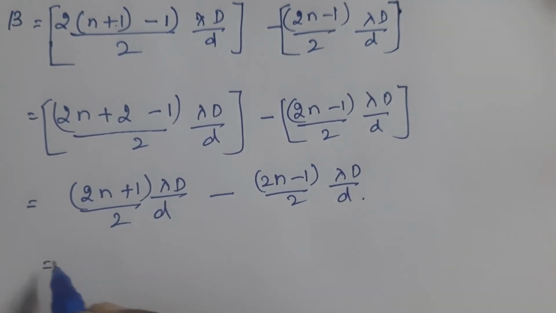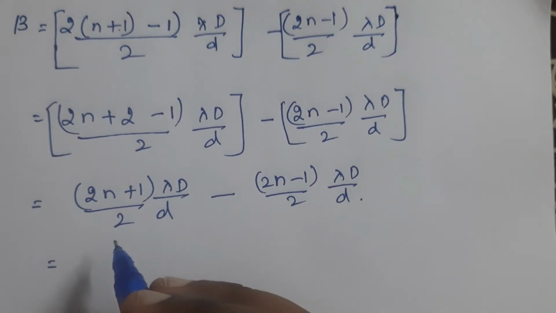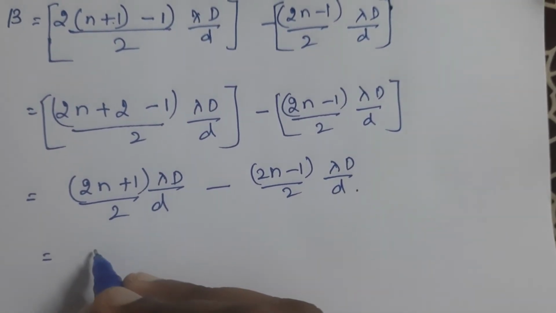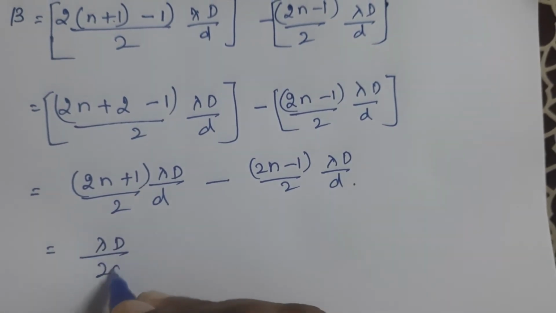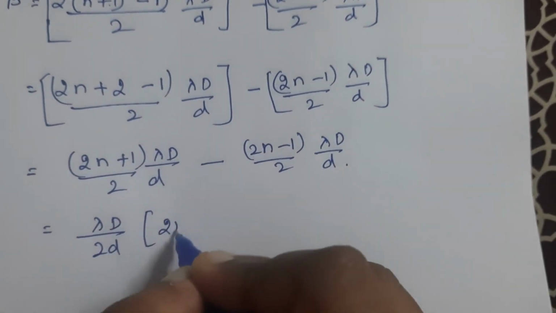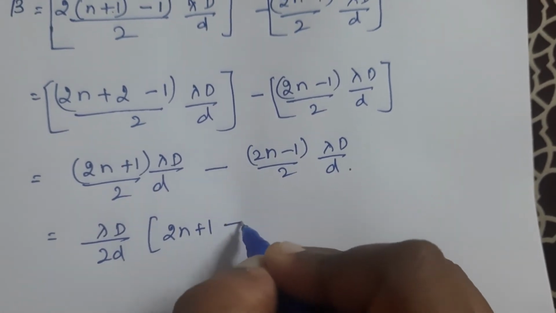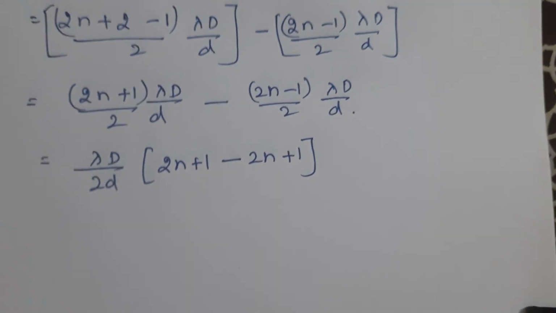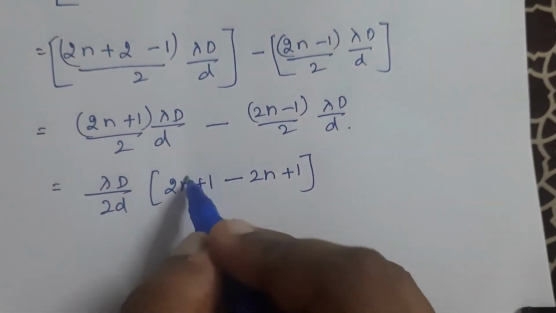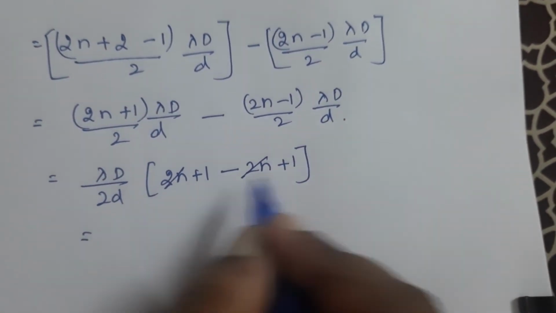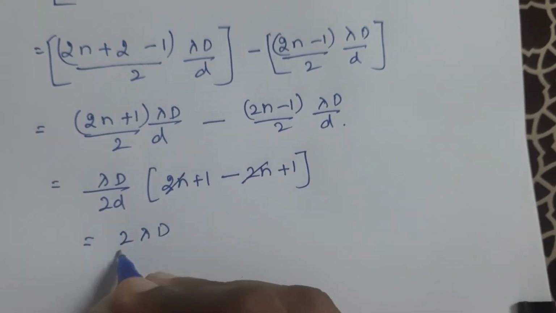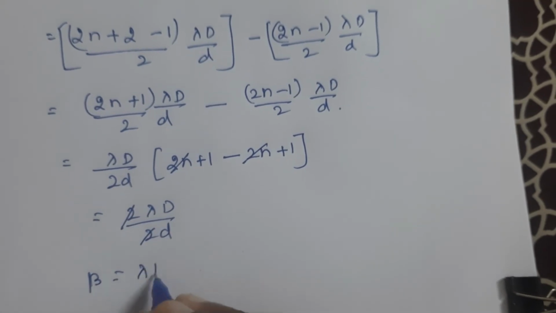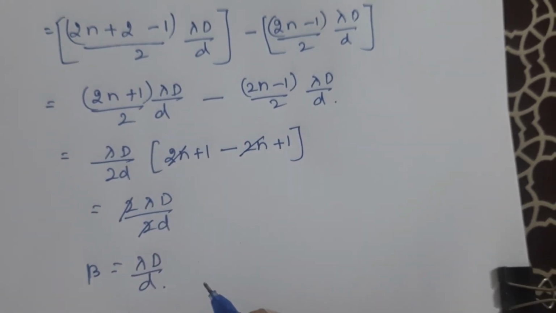Now I am going to take lambda D by 2d outside. So we get 2n plus 1 minus 2n plus 1. The 2n and 2n cancel, so we get 2 lambda D by 2d. The 2 and 2 cancel, so we get beta is equal to lambda D by d.